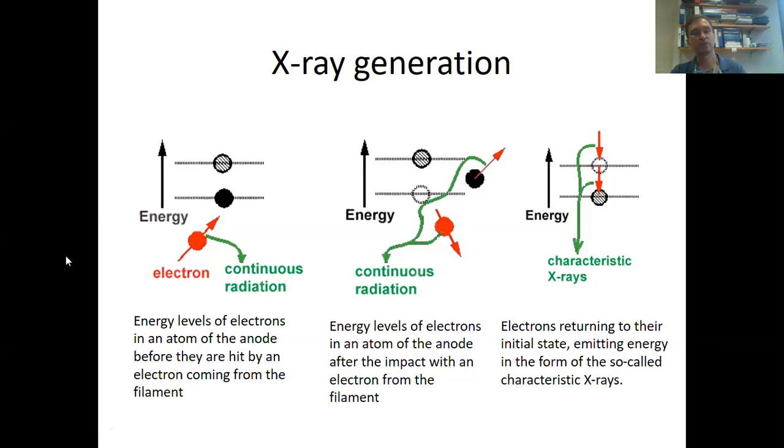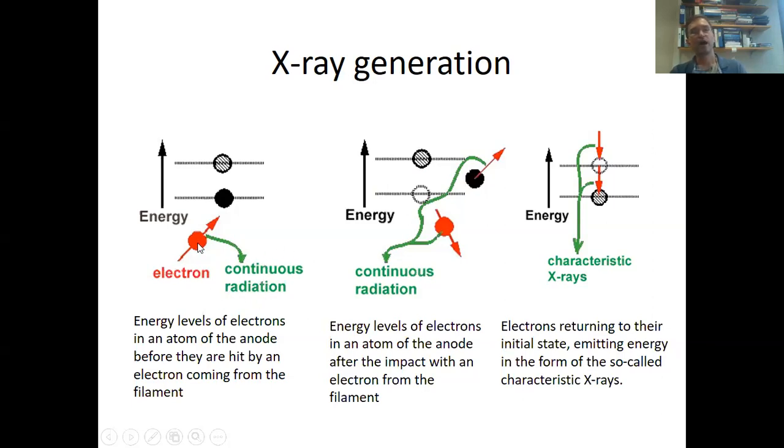These electrons have a speed distribution, so some are faster than others. For that reason, the X-ray radiation they send out is called continuous radiation. That means they have a continuously variable wavelength, a wavelength distribution, or a frequency distribution.